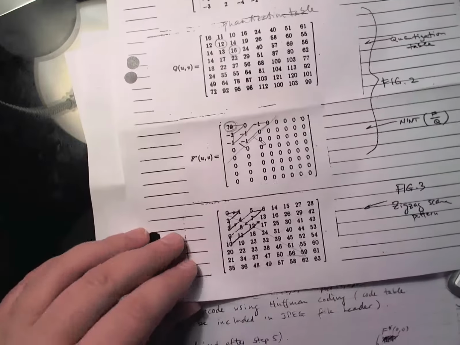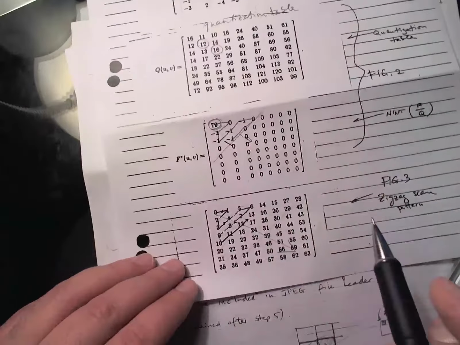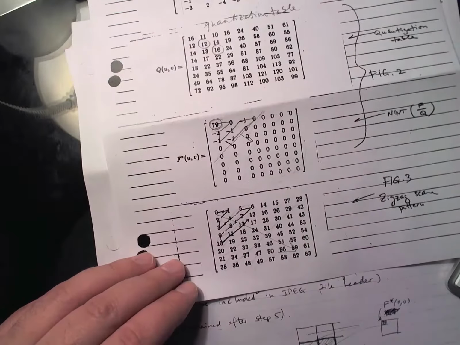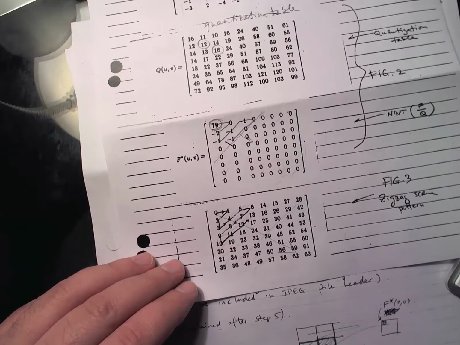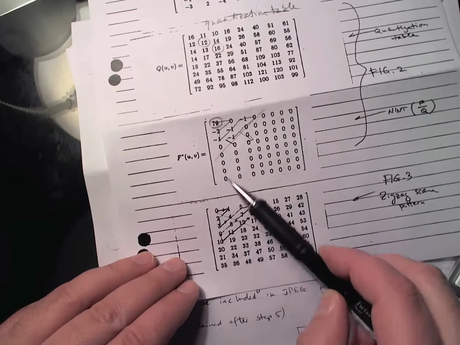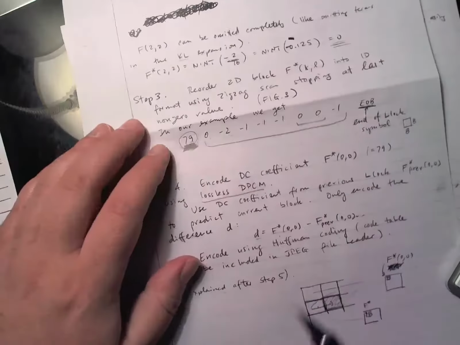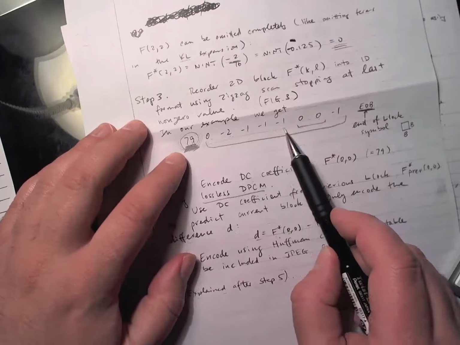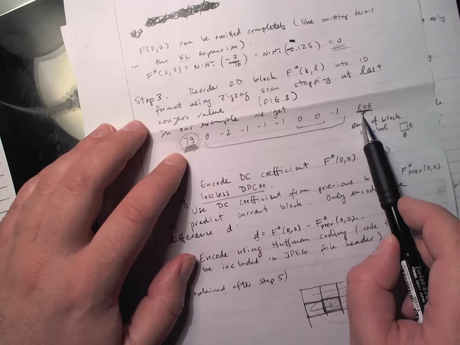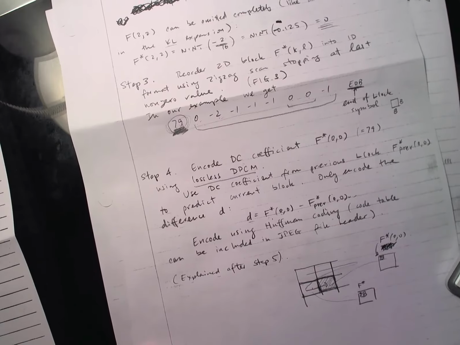Okay, all right. So then we're just going back through the second pass of explanation. We've explained this before. You now read these out in the zigzag order. And now you just get a list of numbers. And then you have a code that says that's the end, the rest are all 0.